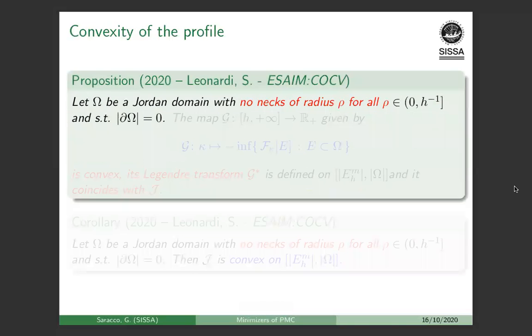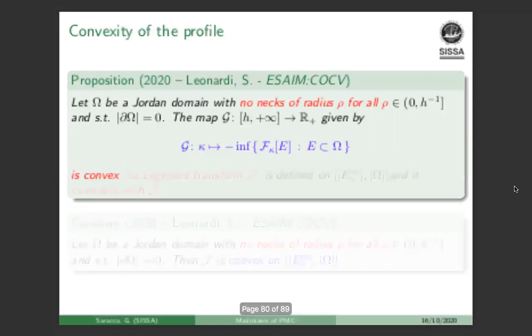What's nice about this characterization is that under the same set of assumptions, if you define this map G, defined from the Cheeger constant H to infinity, which takes a curvature value kappa between H and plus infinity and maps it to minus the infimum of the prescribed curvature functional in omega with the choice of curvature kappa, well, this map is convex.